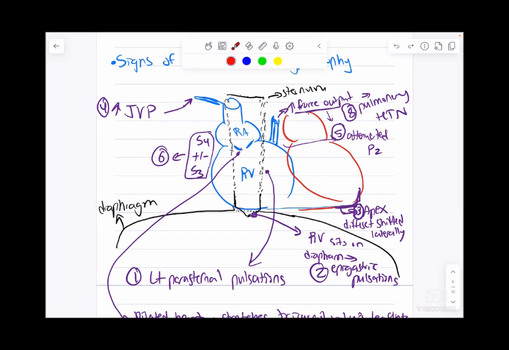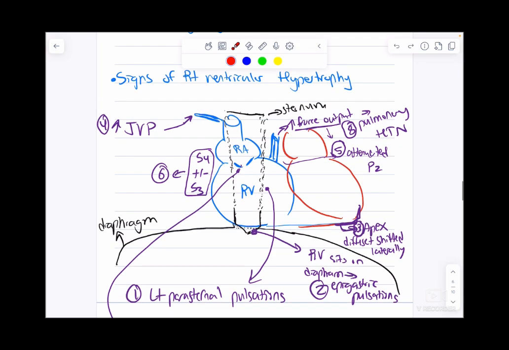Three, the apex is diffused and shifted laterally. Laterally only. It's shifted to the left. It's not shifted down. Pay attention to that, because in left ventricular hypertrophy it's shifted down and out, but in right ventricular hypertrophy it's only shifted laterally because the right ventricle grows and pushes the left ventricle outside laterally.